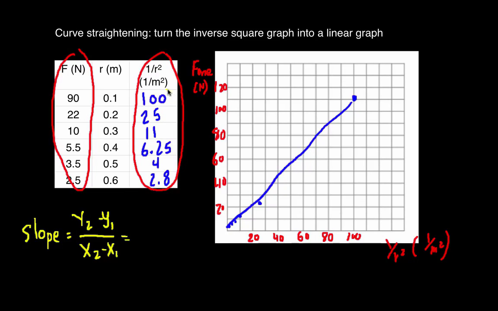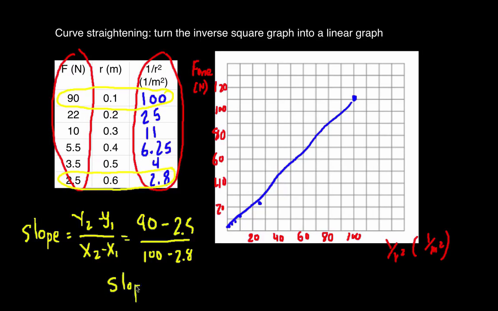Since the points 90 and 100 and 2.5 and 2.8 fall on our graph, I'm going to use those points for my slope calculation. 90 minus 2.5 divided by 100 minus 2.8 gives us a slope equal to 0.9033.